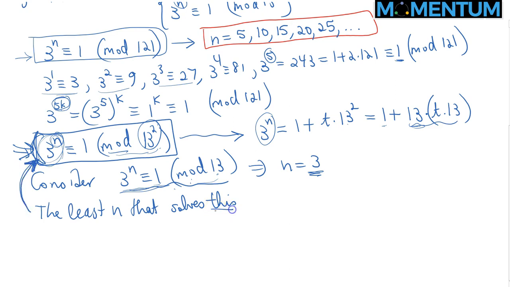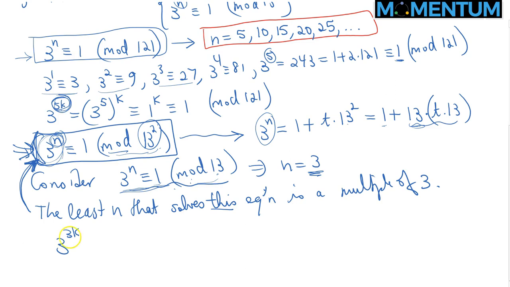So the least solution to this equation is a multiple of 3. Now that I know that it has to be a multiple of 3, let's investigate this expression like we did earlier, once we understood that it must be a multiple of 5.